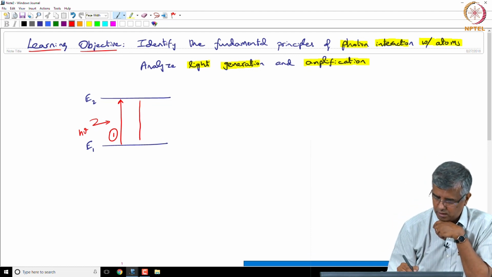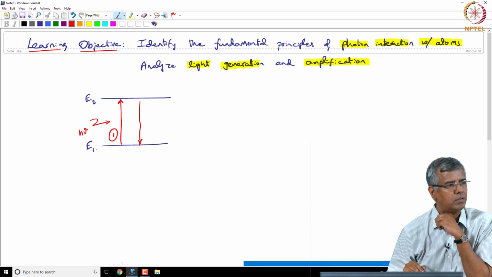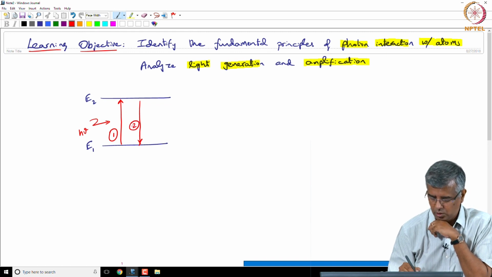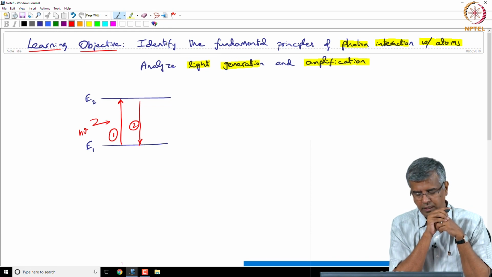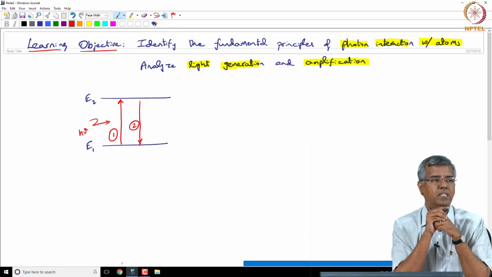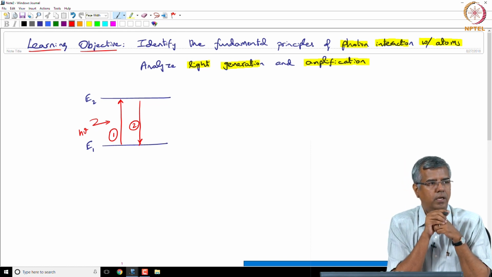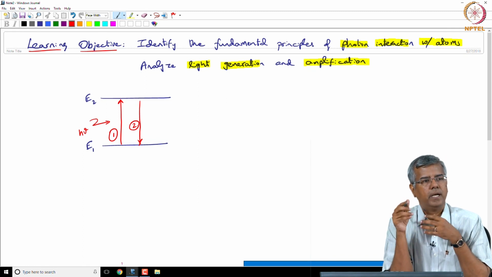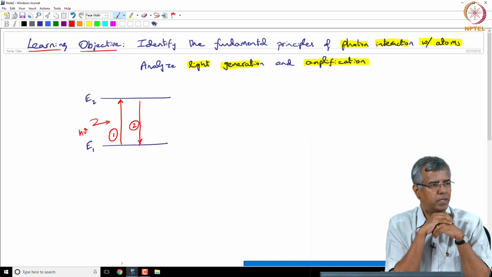It can potentially give up that energy by emitting a photon, in what we call a spontaneous manner. So, it can emit a photon under certain conditions in a spontaneous manner. We want to actually figure out what those conditions are as we move on, but let us just assume that is one possibility.